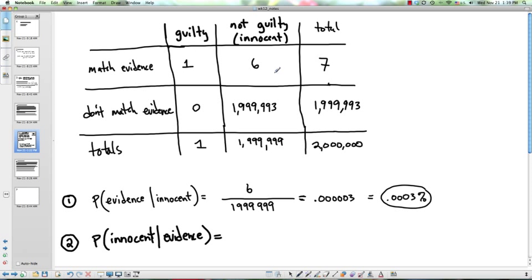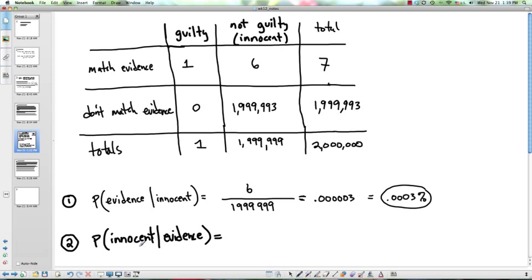There were 6 people that matched the evidence out of all of the people that were innocent. And so the probability that you match the evidence, if you are in fact innocent, is about 0.3%. Very, very small. And of course that makes the person look guilty, because the person actually does match the evidence, and the chance that they match the evidence is so small that we think it's unlikely.